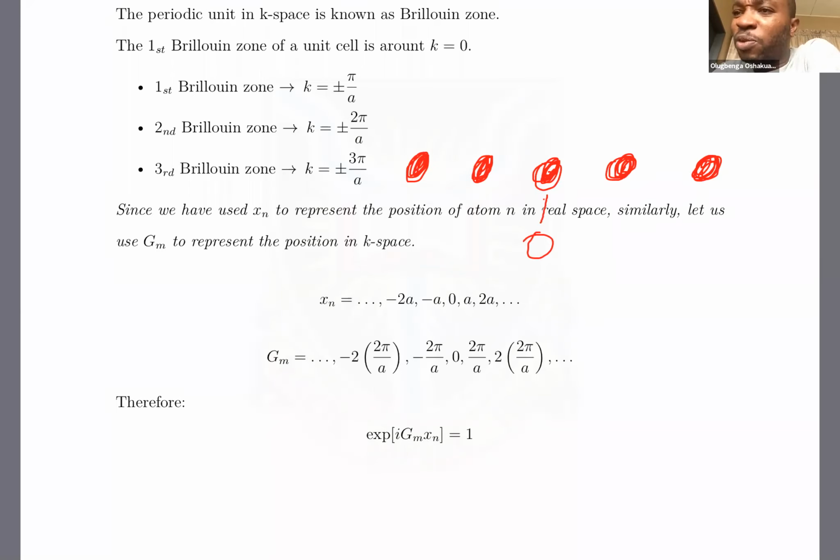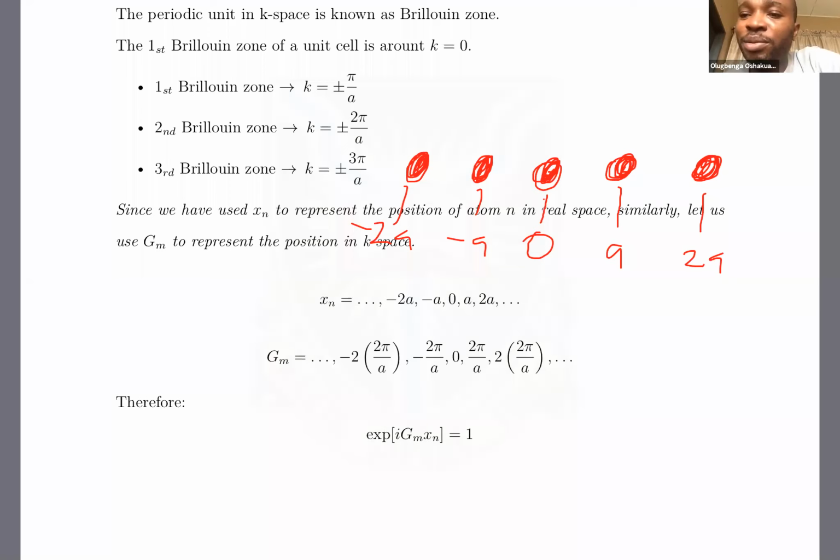This is at point a, this is at point 2a, this is at minus a, this is at minus 2a. We put the middle one at the origin. Then those on the right are at a, 2a, just like we say xn equals n times a, telling us the position of the nth atom.